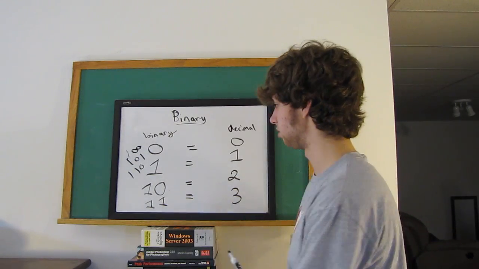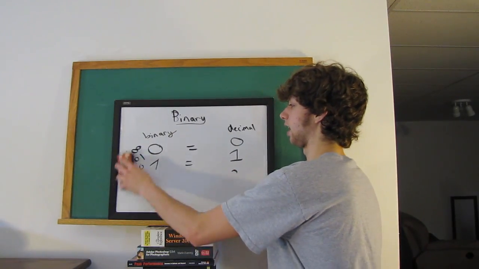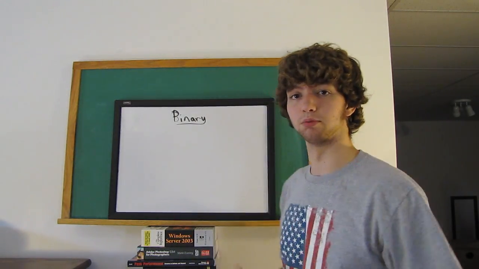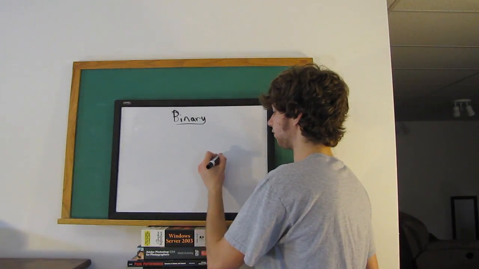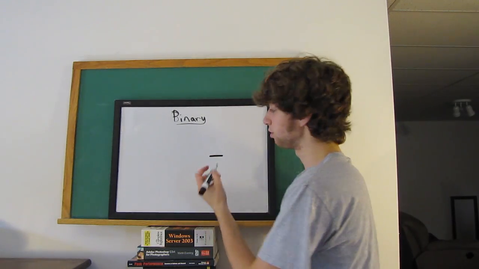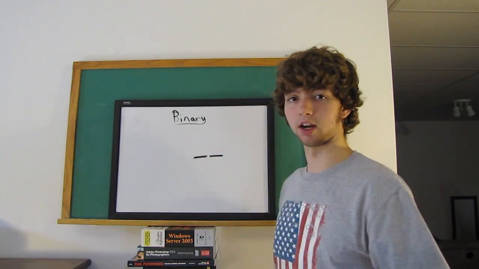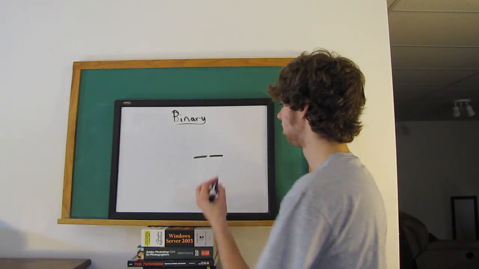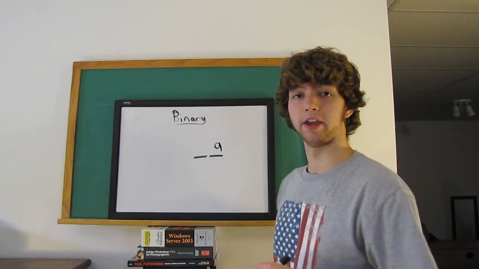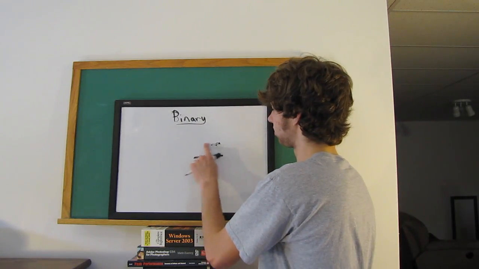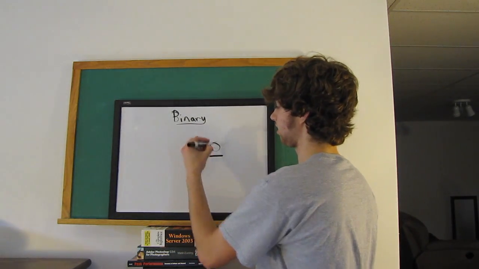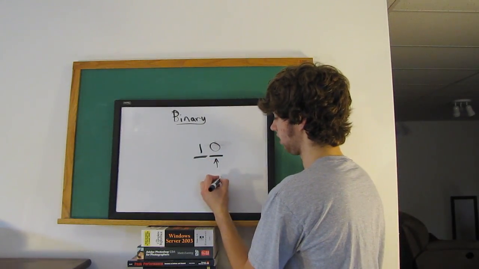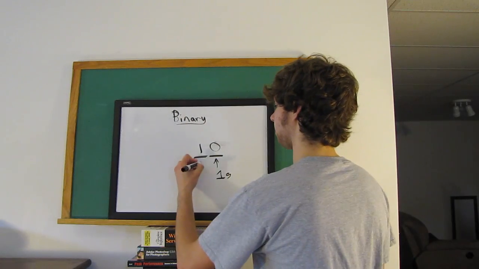Now we're going to illustrate how you can count this. If you think about it, when you have decimals, you have the first spot, 0 through 9, and once you go past 9, you add an extra digit. So let's say we're at 9, and then we add 1 to it. We get 10. You could say this spot right here is the ones place.